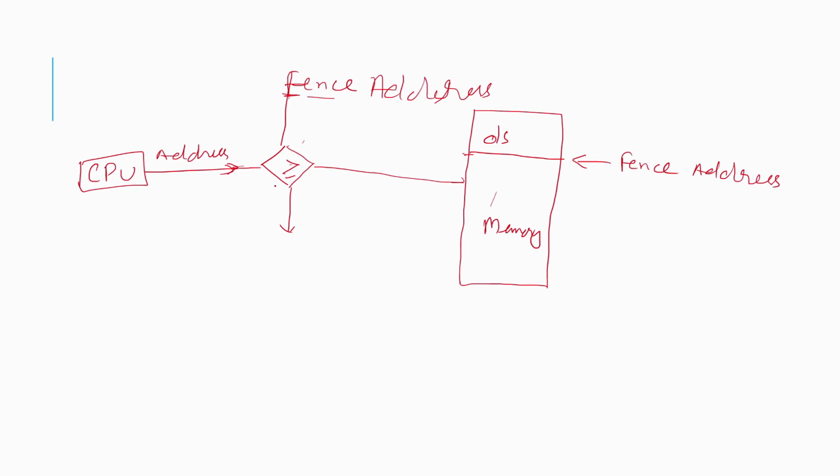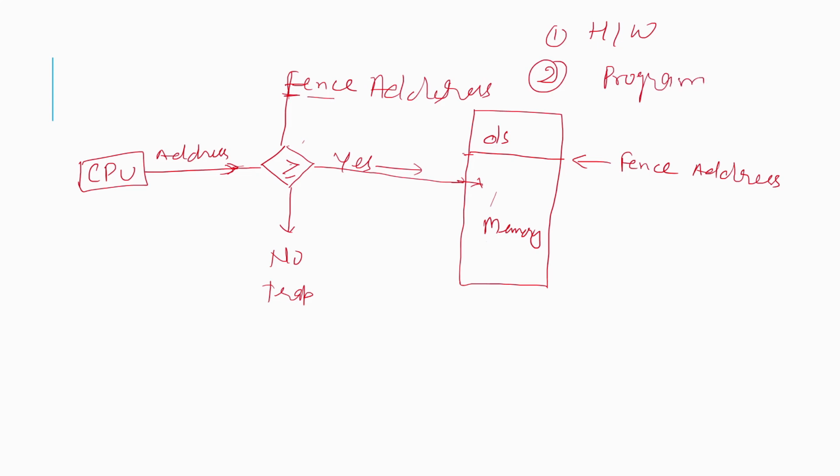If it is true, then it will have access to the memory. If not, a trap will occur and the program has to be terminated. This comparison can be implemented in two ways: one is a hardware mechanism and the second is by writing a program, the software mechanism.